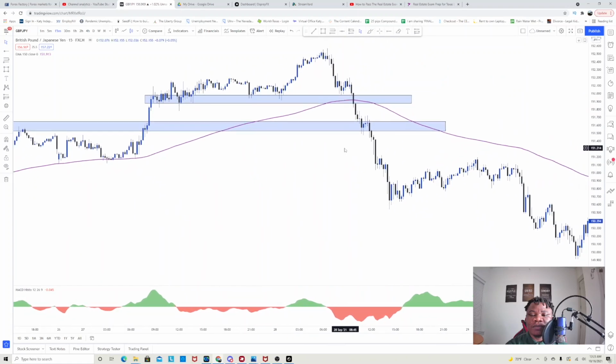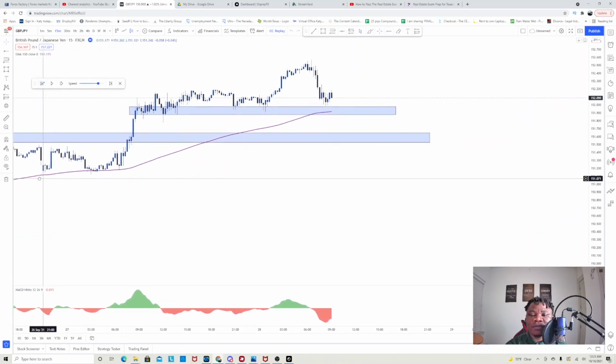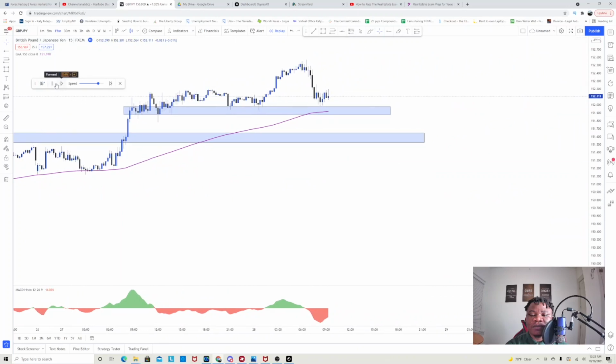Now I'm gonna put this in replay mode and I'll show you guys where your entry is going to be to take this sell position. Let's see where our entry is going to be. Let's take a look.